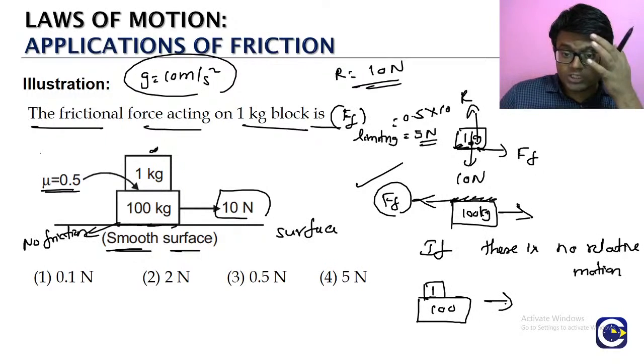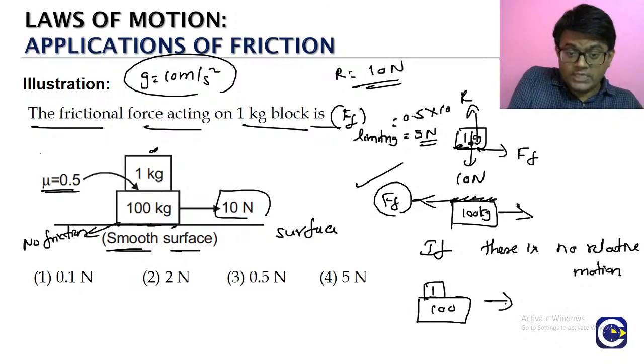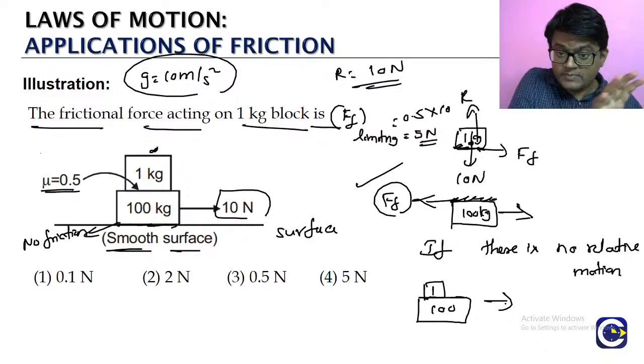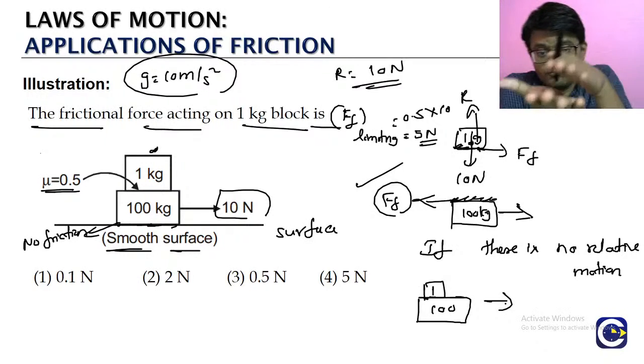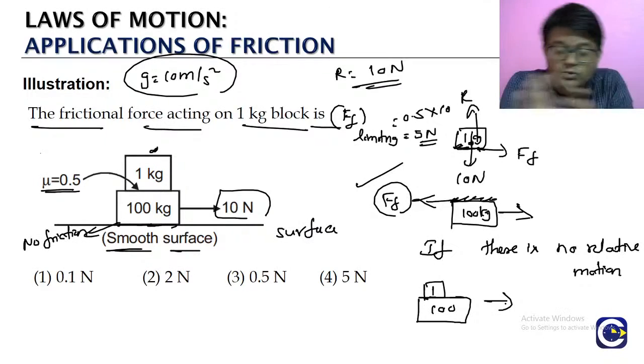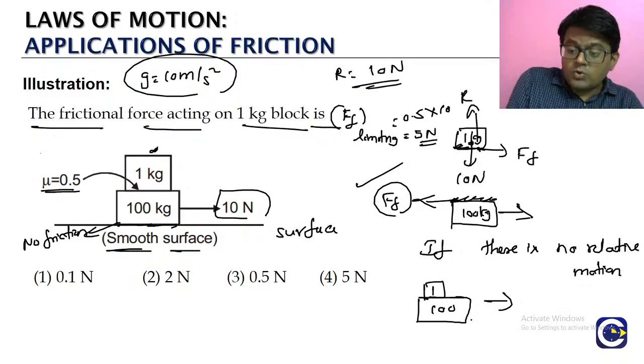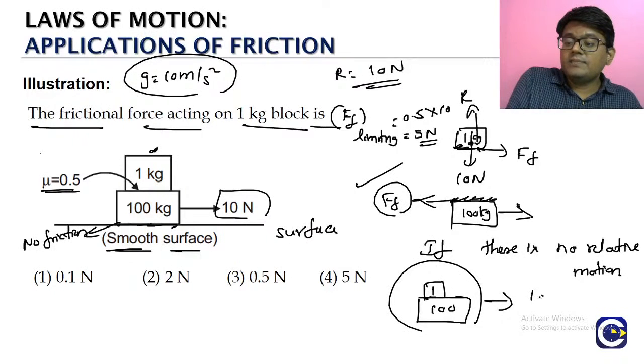If there is no relative motion, it means, because anyway there is a force acting on it, and the surface below is smooth, the 1 kg and 100 kg must be moving together. If they have to move together horizontally, let us check the corresponding acceleration.